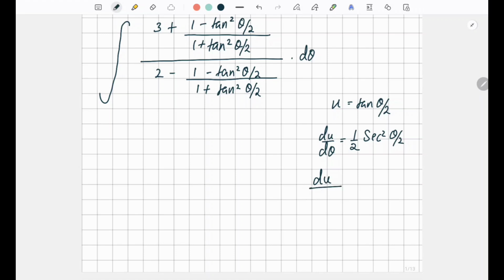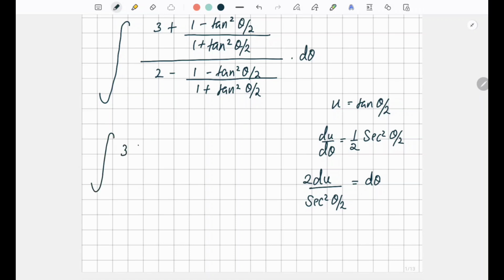So let's do it like this. Let's do a cross multiplication. So 2 du over sec squared theta over 2 equals d theta. Yep. So you go back into your integral.